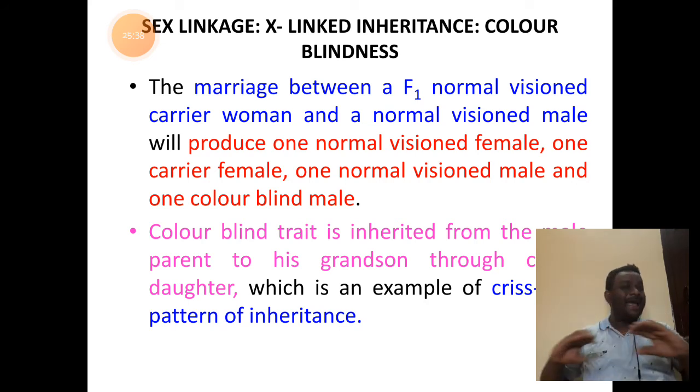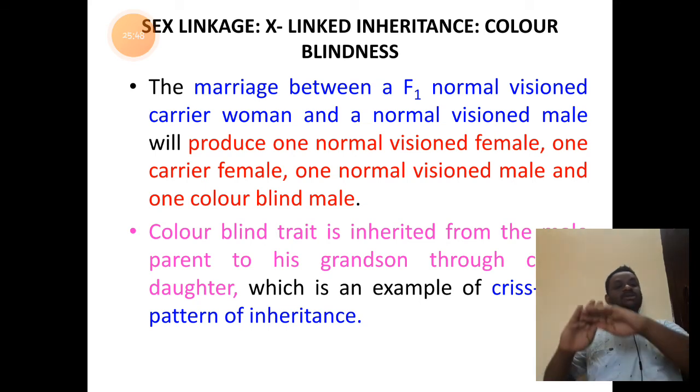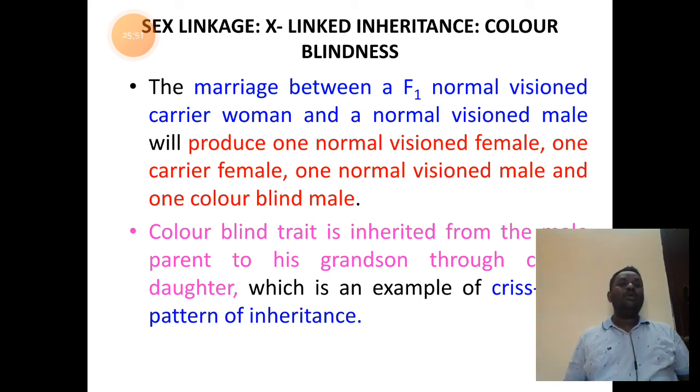So colorblindness in the F2 generation is seen only in the males. All females are normal visioned. To specifically say, among the female category, one is absolutely normal, one is a carrier. Among the male category, one is absolutely normal, the other one is an affected male.